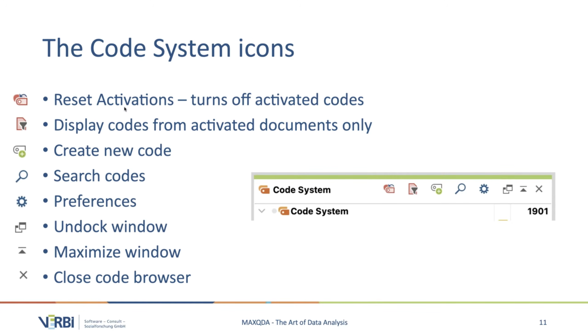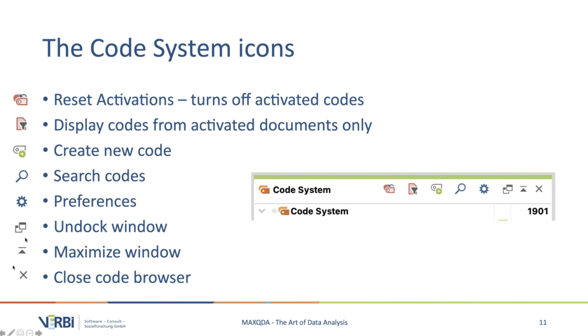Create a new code, the exact same tool that's in the code menu. A search tool to search codes. A preferences dialog to access a variety of ways you can tweak how you use the code system. We will actually explore that a little bit when we're live later.